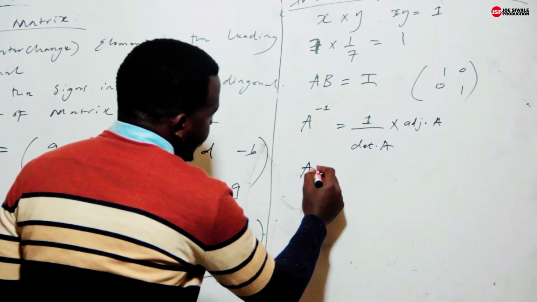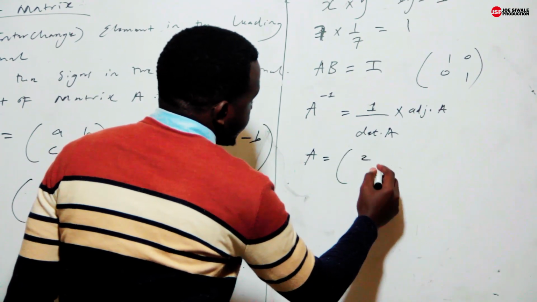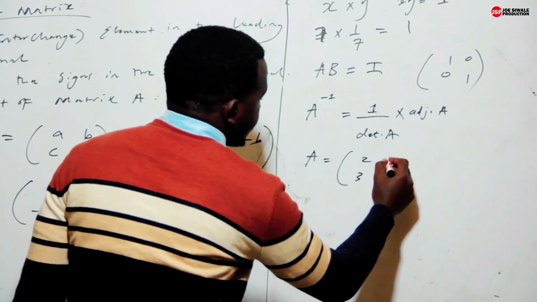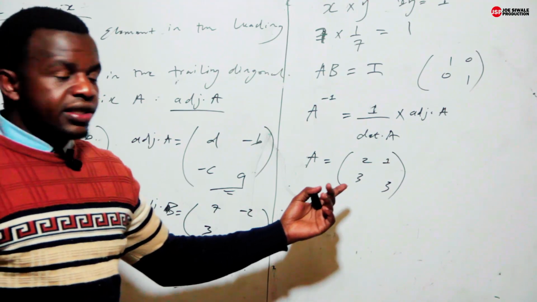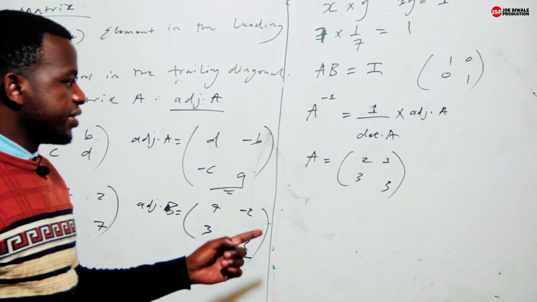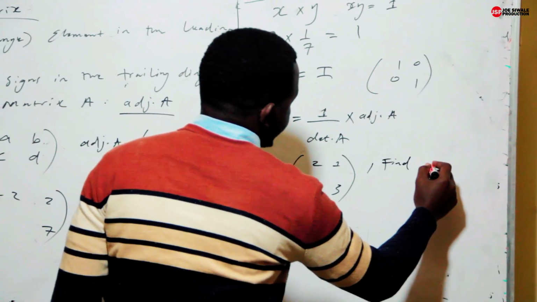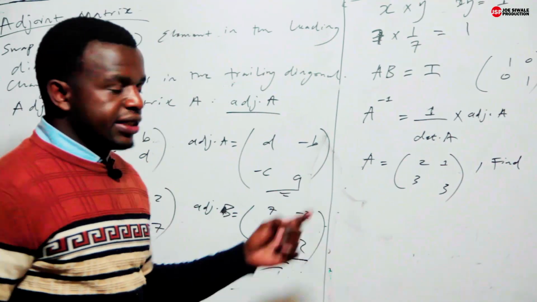So let us look at this example. We have matrix A there: 2, 3, then 3, 1. And you have been told, can you find the inverse of matrix A? So we're supposed to find the inverse of matrix A. The first thing that we have to do is to calculate the determinant.